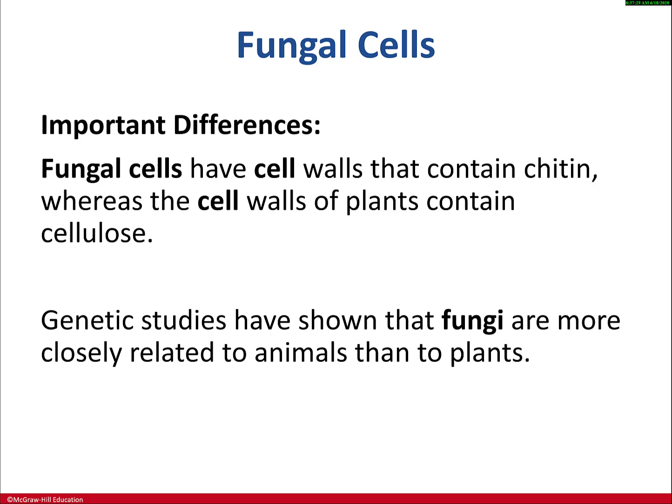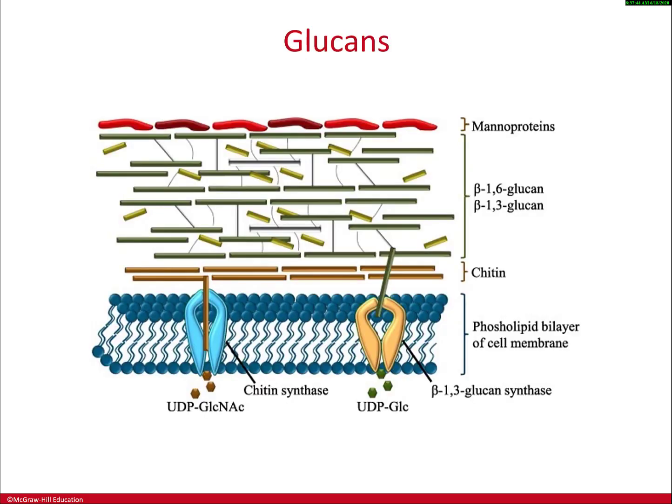And so the chitin or fingernail type material, that's pretty tough. Genetic studies have shown the fungi are more closely related to animals than to plants. I mean, that's an understatement, but anyhow, here's the breakdown.